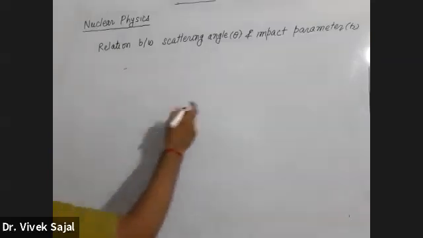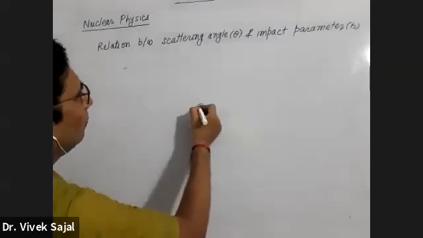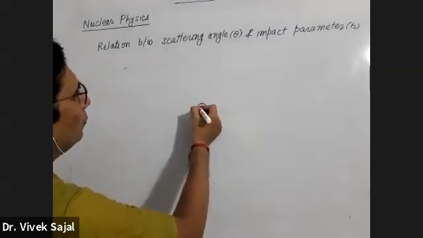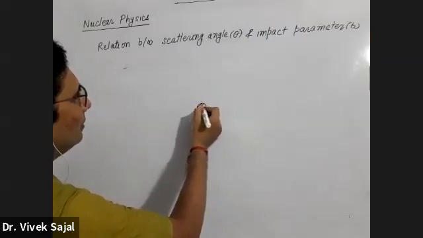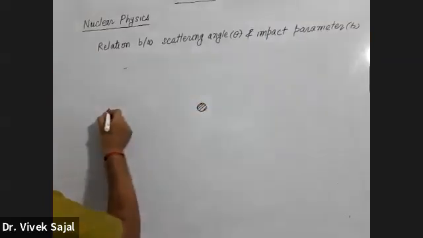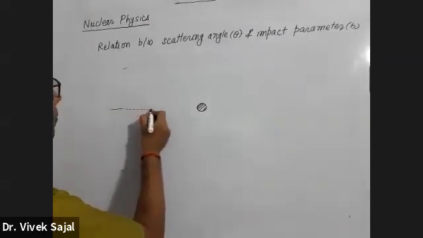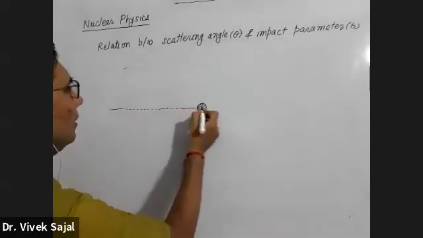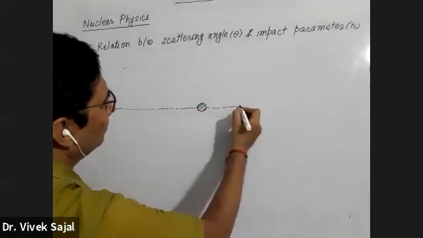You can consider this with the help of this diagram. Suppose this is the nuclei and this is the line of action of this nuclei.